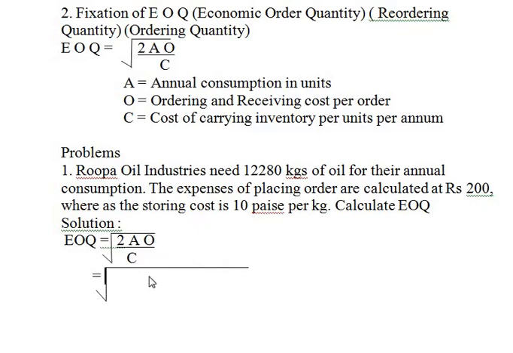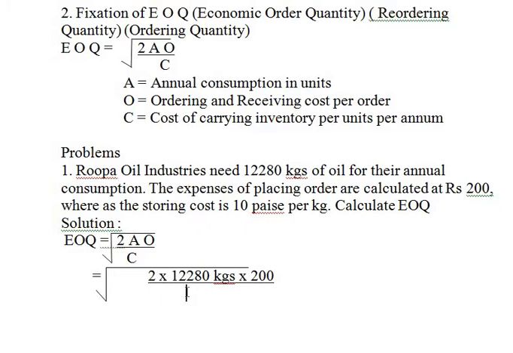So write down 2 into annual consumption, 12,280 kgs, into O. O is how much? 200. Now divided by C. C is how much?